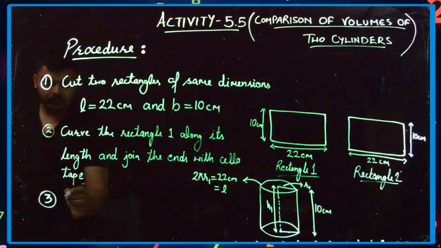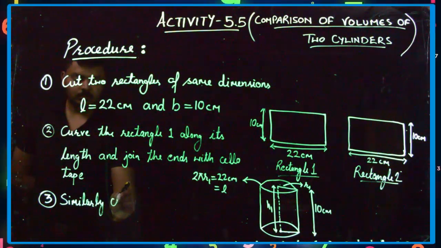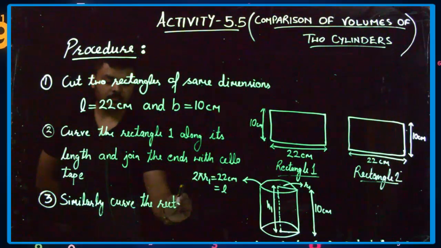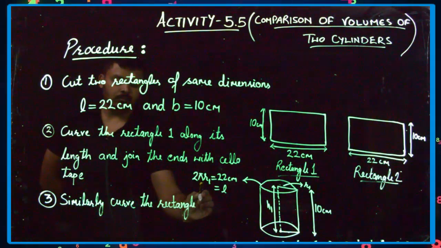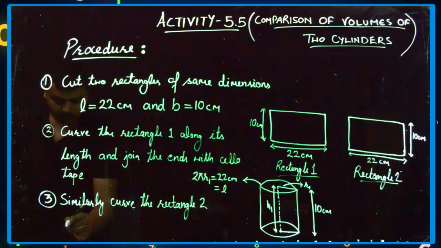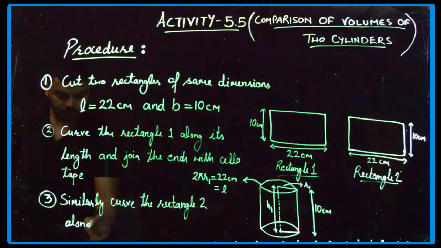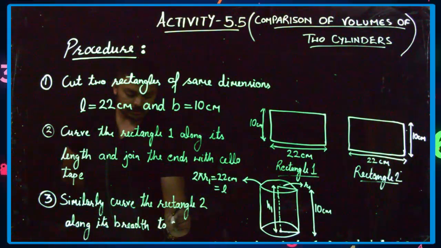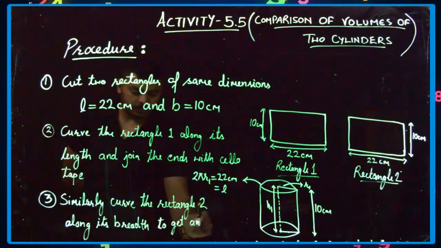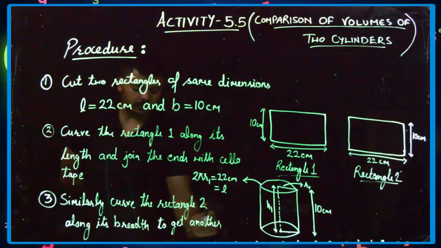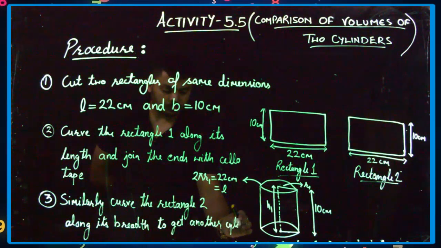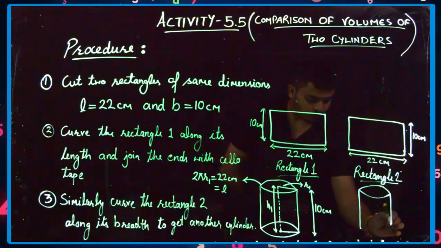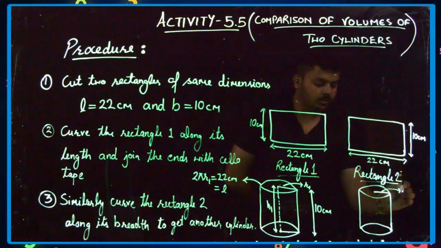Step 3, similarly curve the rectangle 2 along its breadth to get another cylinder. This is R2 radius.